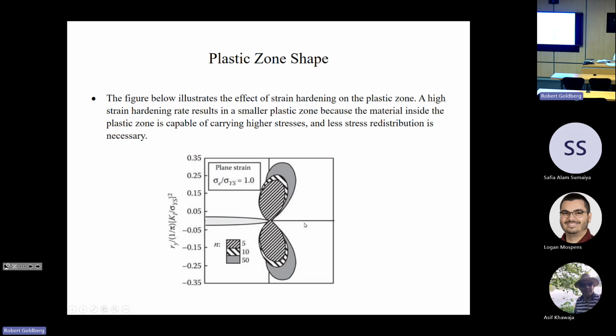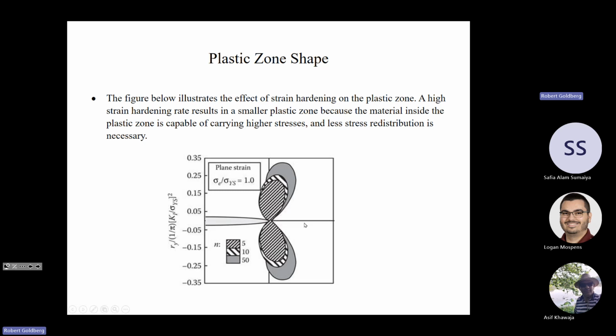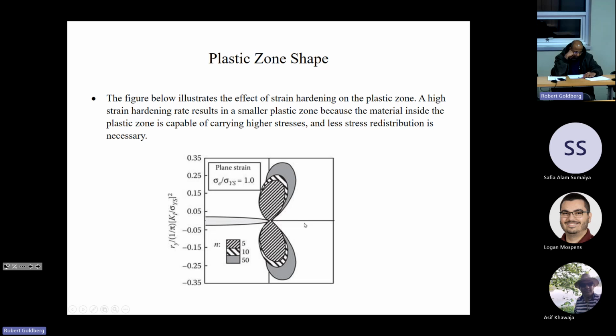And just as an interesting note, which will mean more when we start talking about full plasticity analysis, this figure below illustrates the effect of strain hardening on the plastic zone.